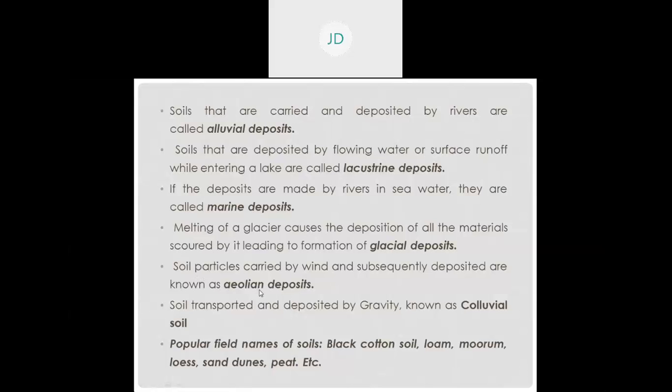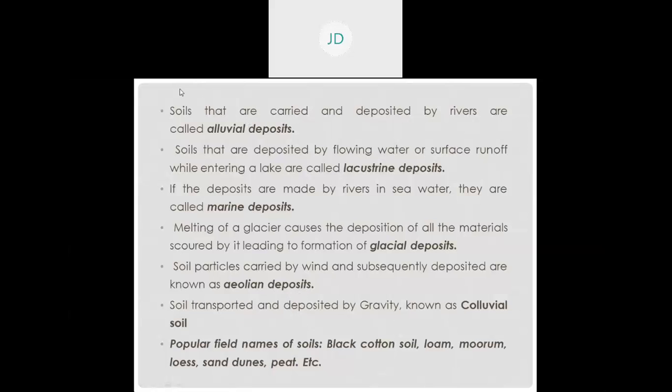Then aeolian deposits are those soil particles carried by the wind and deposited by wind itself. You have to remember this term. Lastly, soil transported and deposited by the force of gravity is known as colluvial.